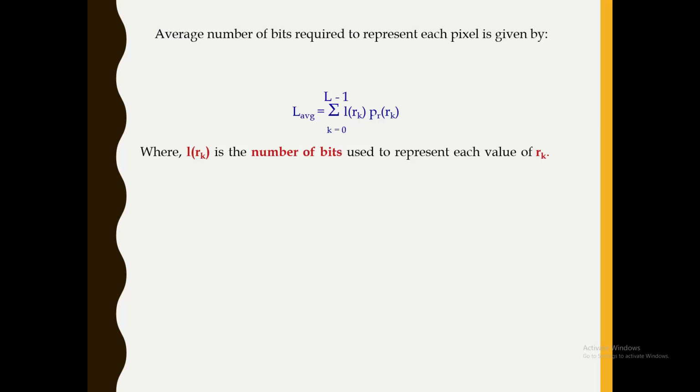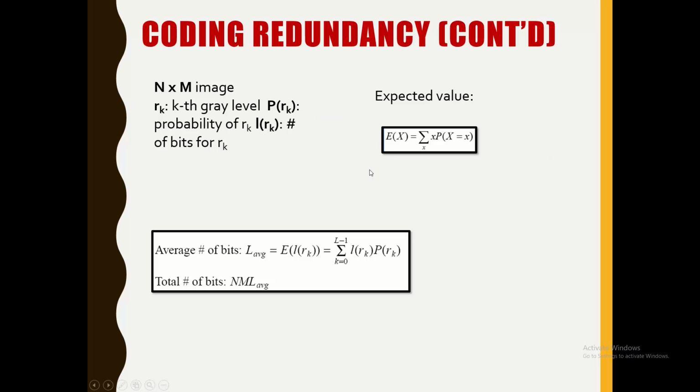Now, the average number of bits required to represent each pixel is given by L average = summation of l(rk) p(rk), where k varies from 0 to L minus 1, and l(rk) is the number of bits used to represent each value of rk. I am going to explain this with the help of an example.